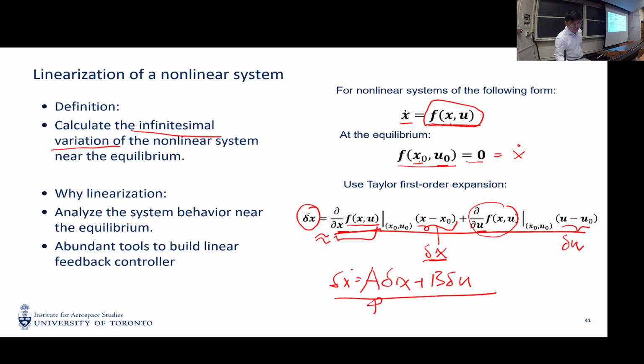So here A and B are two matrices. Now, as if the system is a linear system, we have abundant tools to build a linear controller to stabilize the infinitesimal variation. Okay. So any questions? Good.